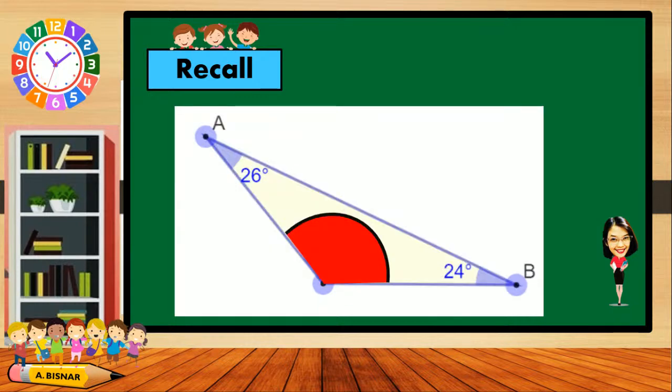How about with this one? Last one. What is the measure of angle C?